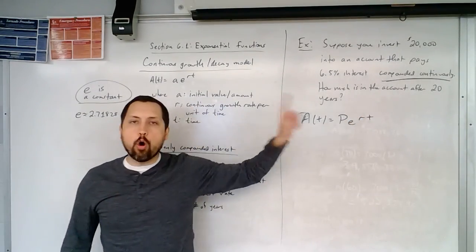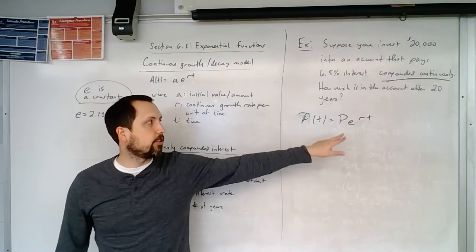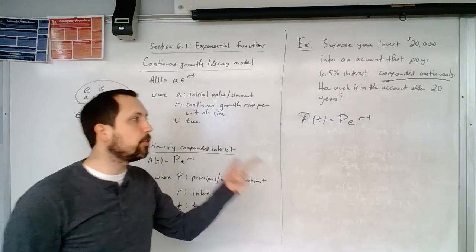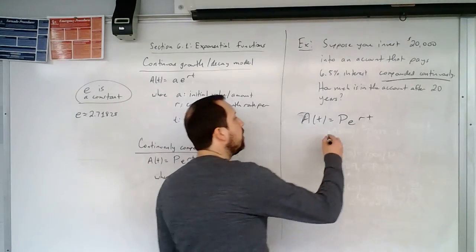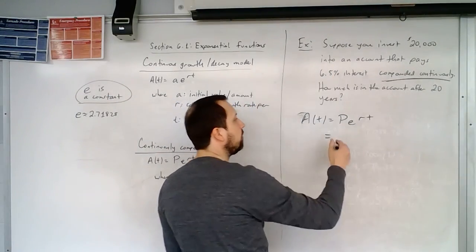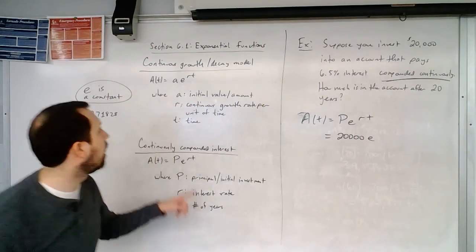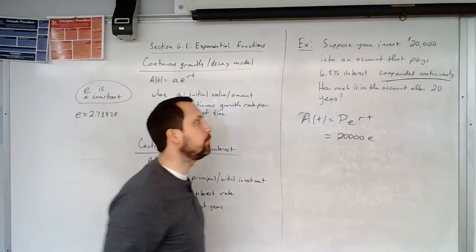That is the only word that tells us to use this formula as opposed to the previous one. Now we just plug in our information. Our P is our initial investment, which is $20,000. This e is just a constant, so we'll let the calculator deal with that.